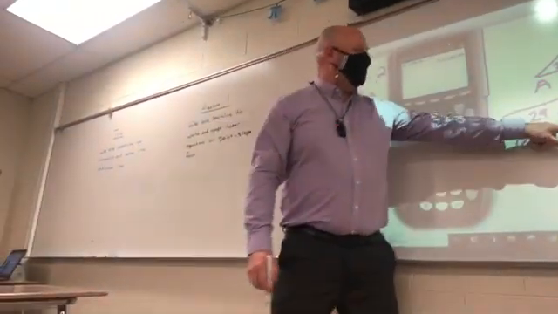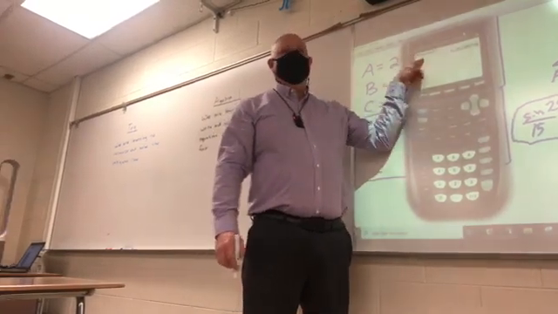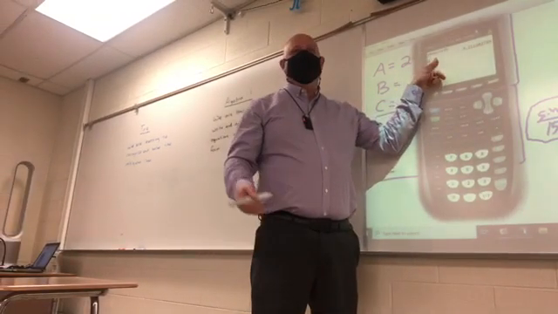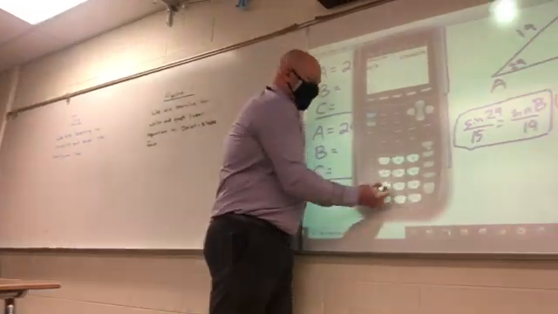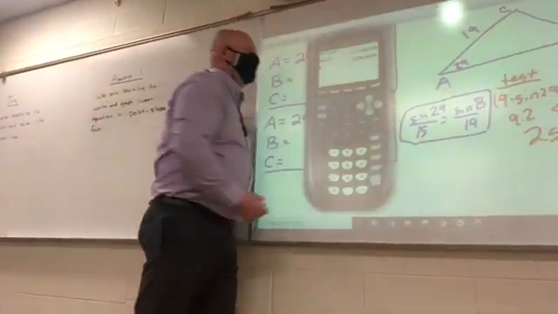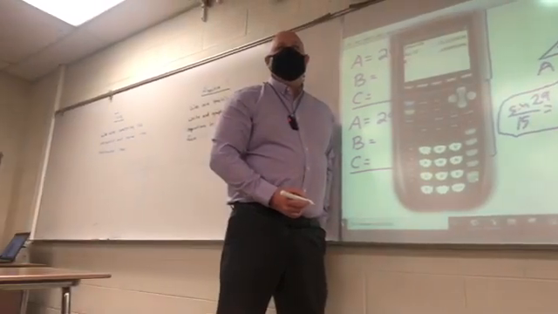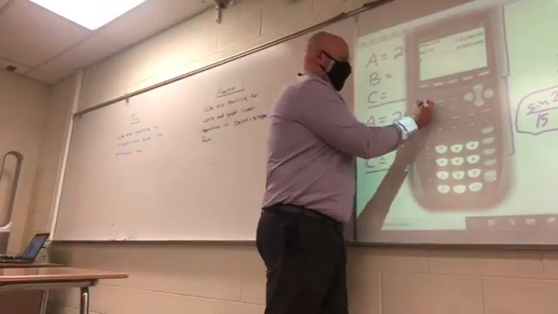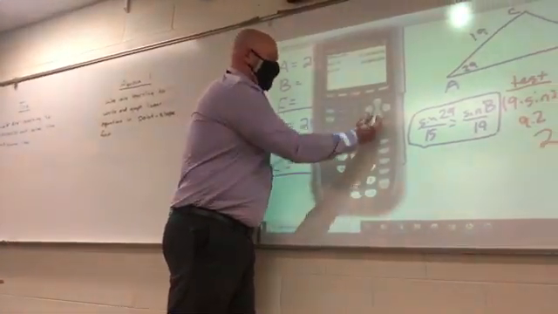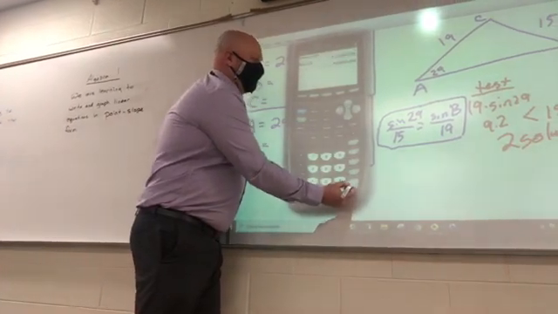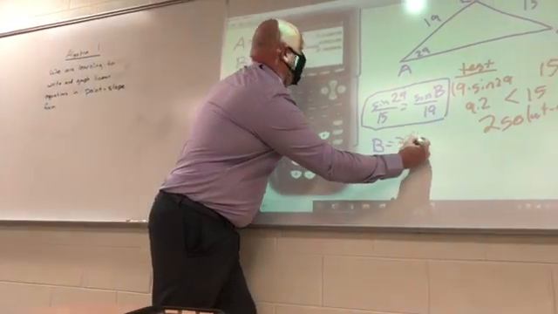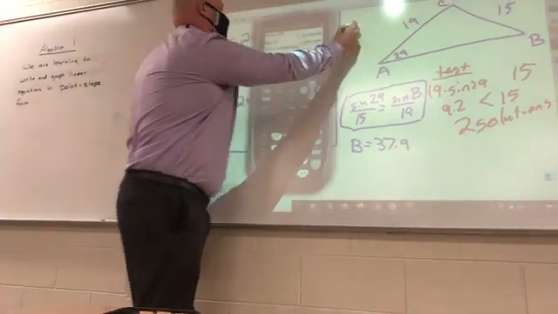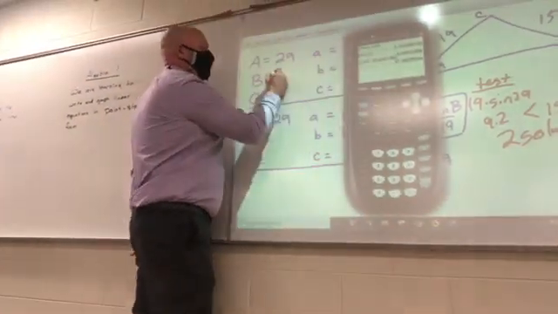So I do 19 times the sine of 29. Notice it's already in your calculator because that was the test. It's always going to be the first part of the proportion. So then I divide that by 15. And then I inverse sine. So I get B is equal to 37.9. So B is 37.9.